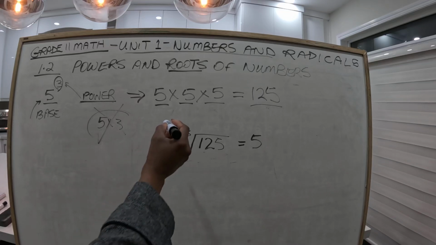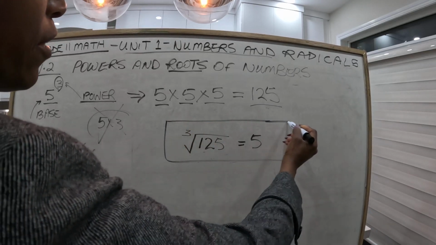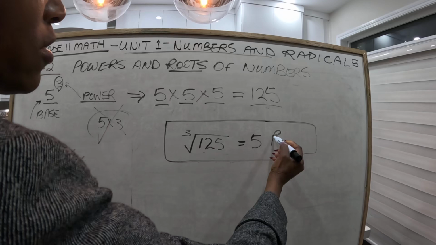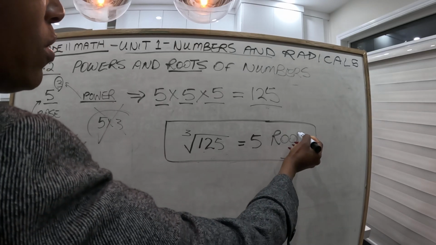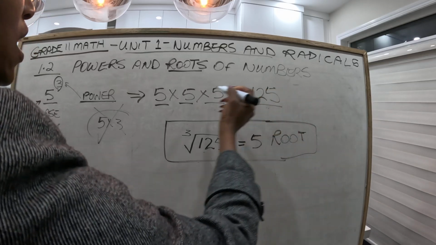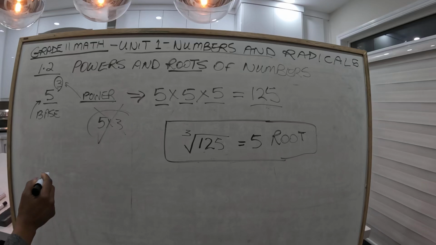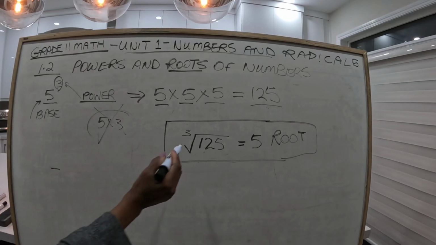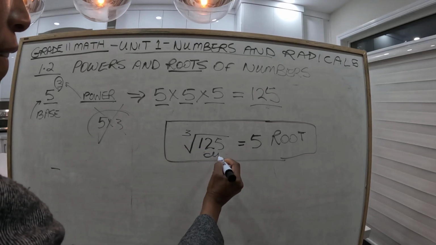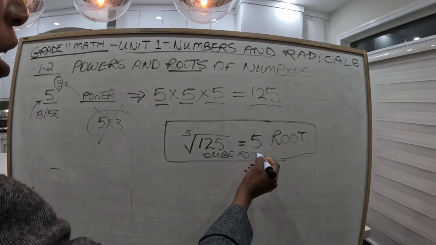This application is called finding the root. Okay? So that's how you find the root. The root is the opposite of raising the power. Normally we would say this is also raised to the power, but we have another way of saying it. This is called a cube root because it's 3. So we call that a cube root.